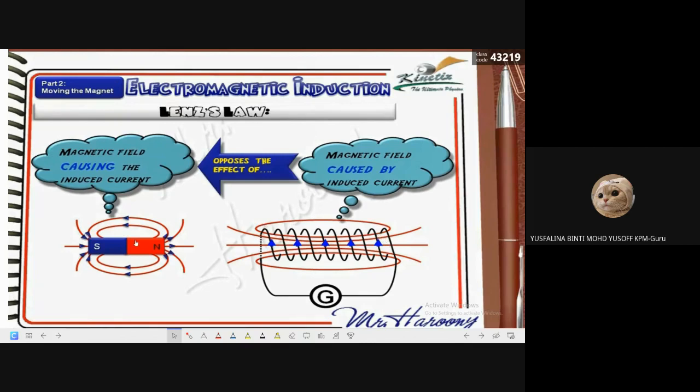It comes from the induced current just now, and it actually opposes the magnetic field causing the induced current. Like I said, when you try to move closer, it will push you away. So you have to know the pole, and you can find the direction by using the right hand grip rule we just learned. But the important thing, remember your thumb usually represents the north side.